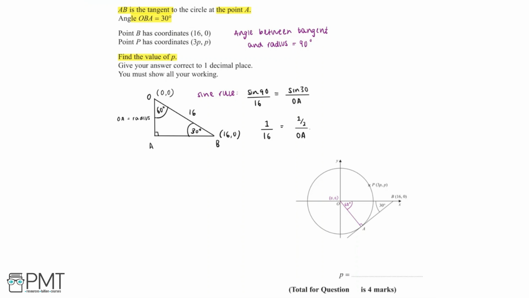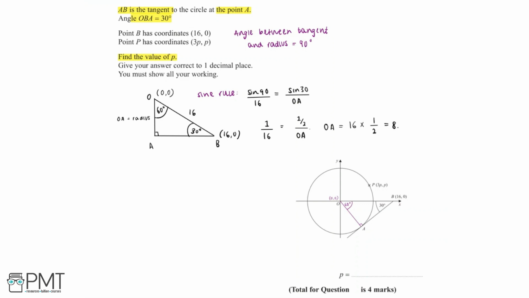And so this is equivalent to saying 1 over 16 is equal to a half divided by OA. Now we can cross multiply to find that the length of line OA is equal to 16 multiplied by 1/2, which is equal to 8. And so we've now found that the radius of our circle is equal to 8.